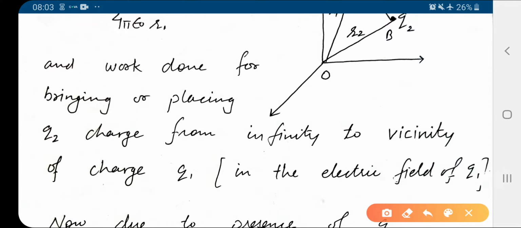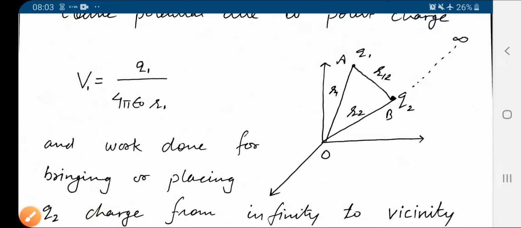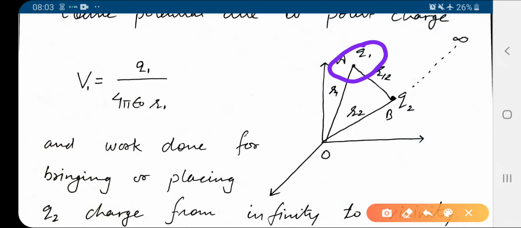Look at the diagram again: here is Q1 charge, and if we bring another charge in the vicinity of Q1, what will be the amount of energy required, or the energy of the system, or the work done for bringing the new charge Q2 from infinity, means outside the electric field of Q1, to a point in the field of Q1, in the vicinity, near Q1.